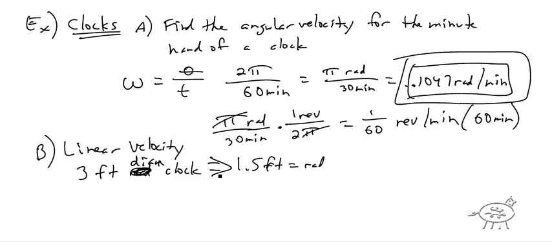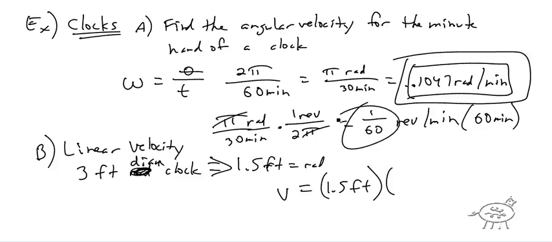So that's actually pretty easy, right? V is equal to R, which is 1.5 feet, times omega. And you couldn't use the 1/60th, because that's not in radians.